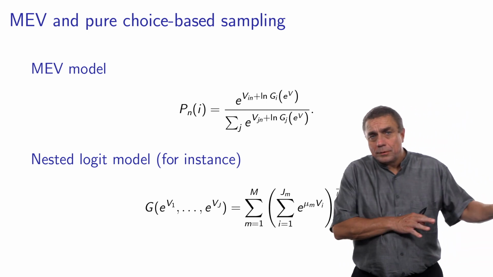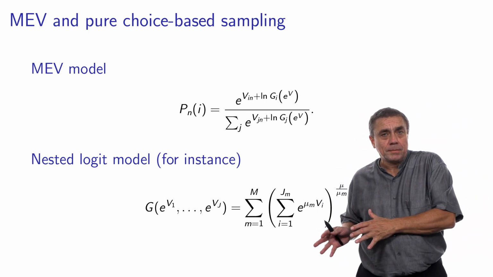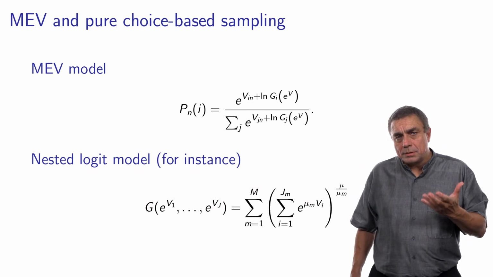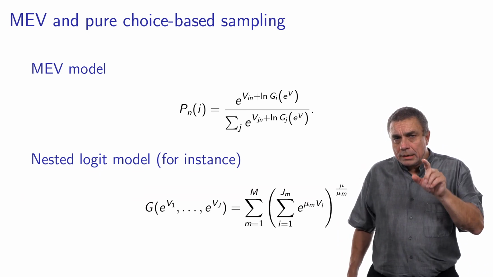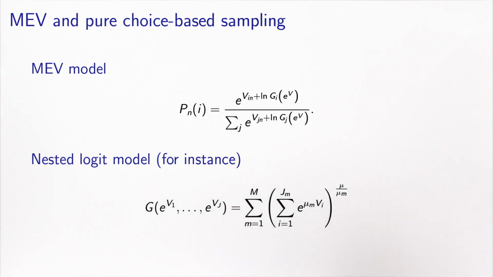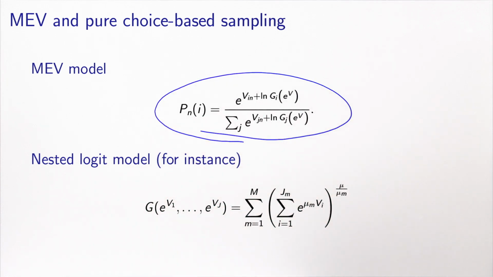Basically, I told you don't have to worry about it, but there is everything else. It means that there are other models than the logit model. What happens in this case? Well, let's look at the MEV model. If you remember, the MEV model has a functional form which is very similar to a logit model.